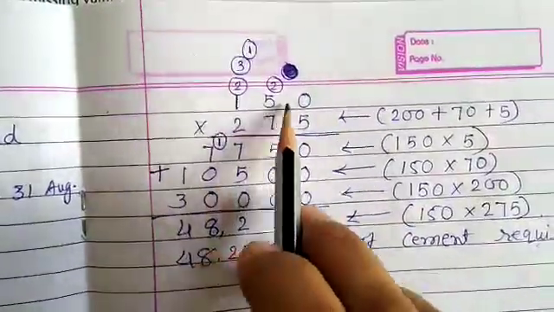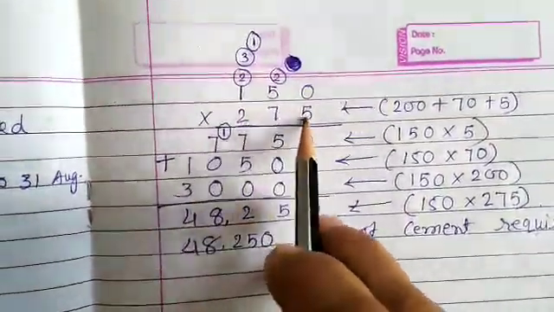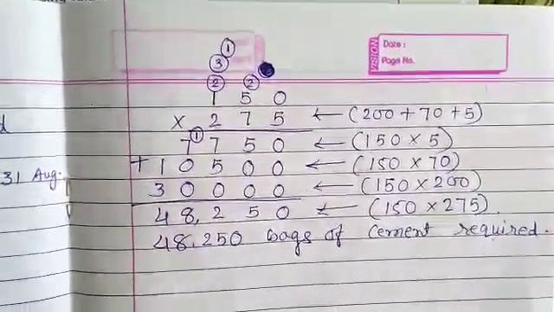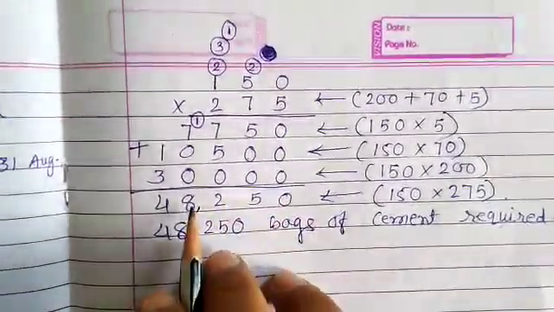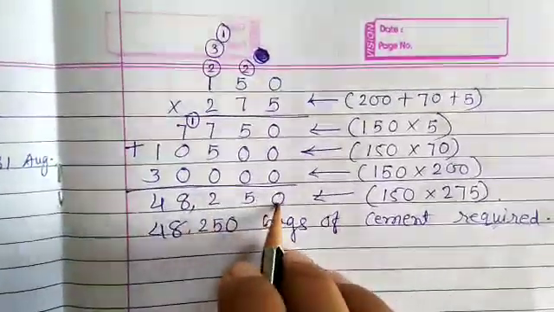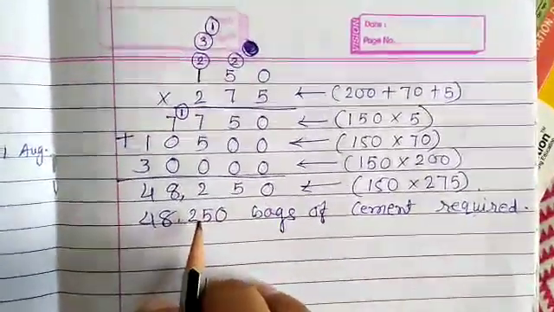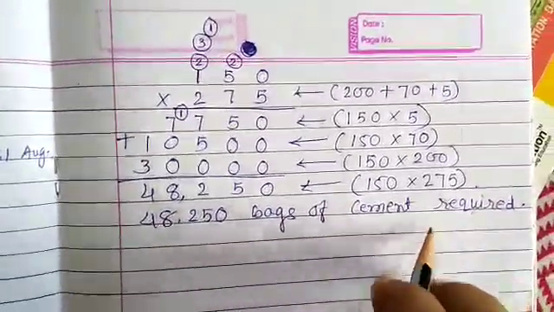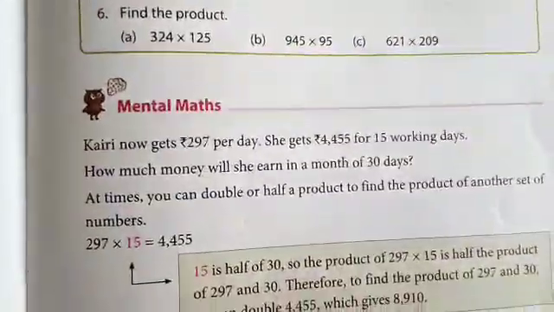So 150 multiplied by 275, here it is step by step multiplication, and our answer is 48,250. The last statement will be: 48,250 bags of cement are required till 31st December.